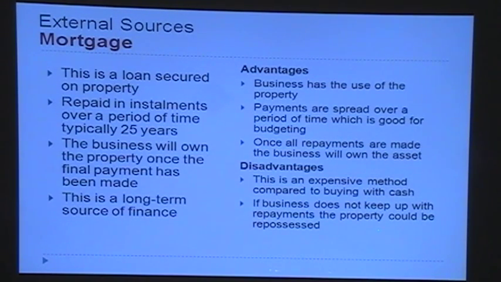The disadvantage is it is a very expensive way of getting money because of the variations in interest rate, and assets can be repossessed if you do not meet up to the agreed repayment plan. So therefore, businesses are advised to ensure regular payment to their mortgage account.